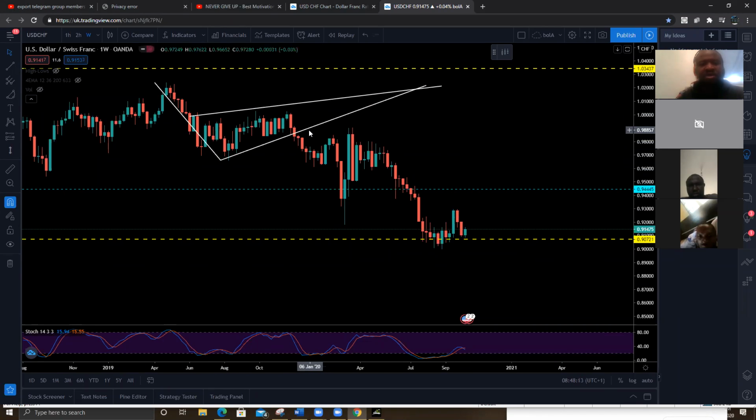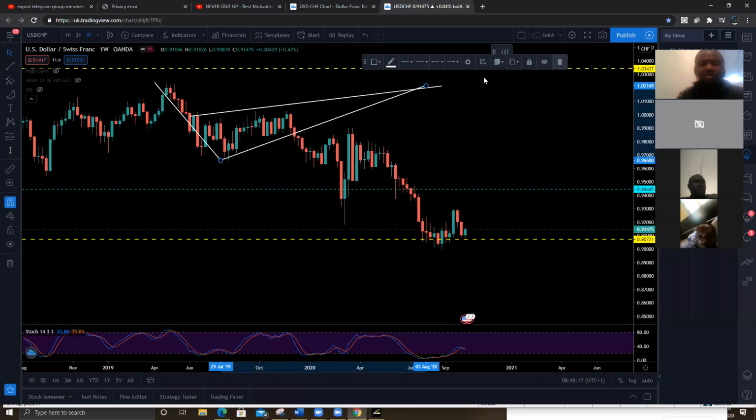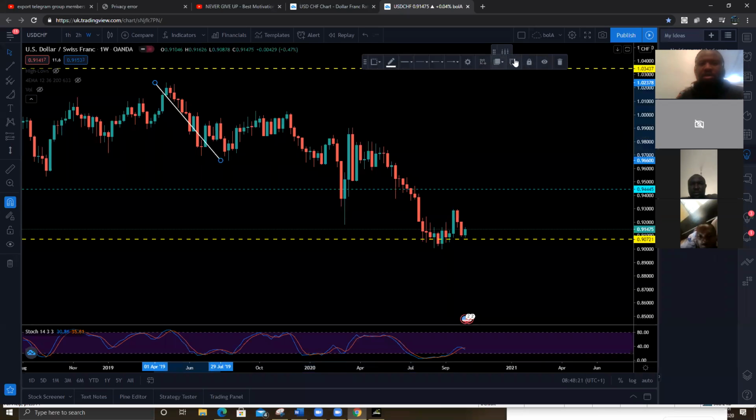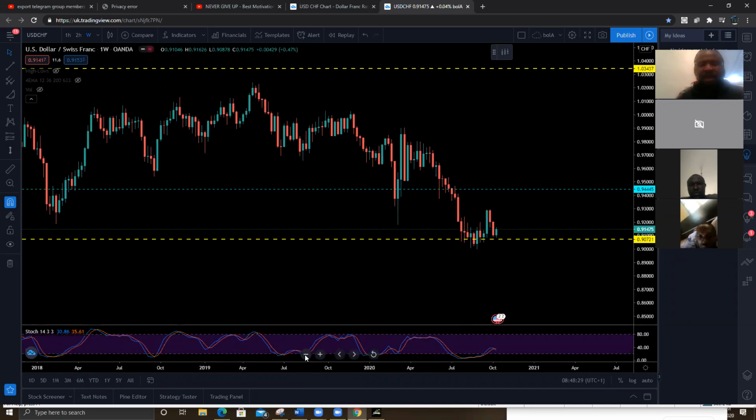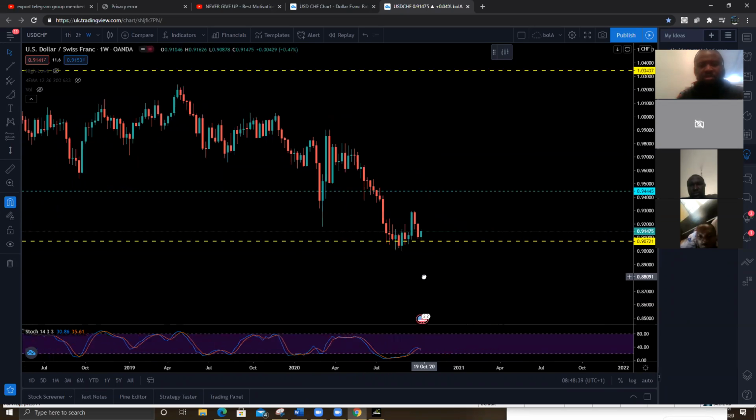Coming down to the weekly, I'm looking at the chart and saying to myself, what is the high point on this weekly chart? Okay, and that high point, I want to get it as close as possible to the price.